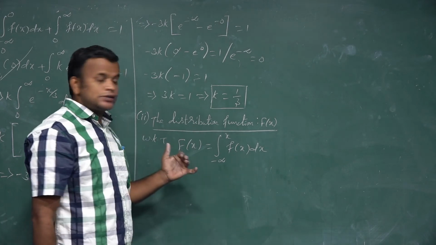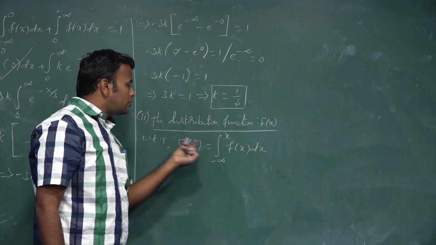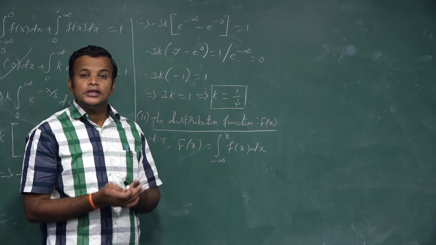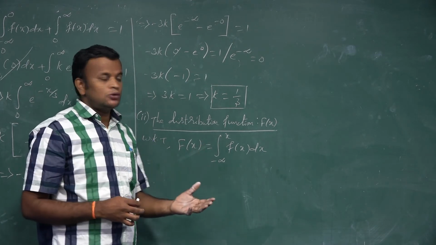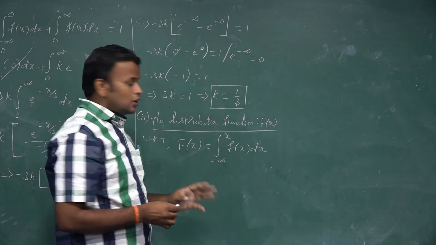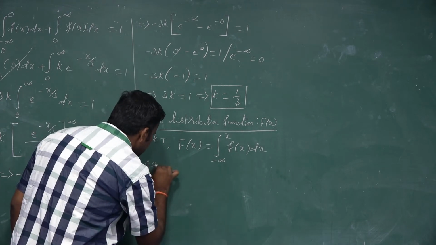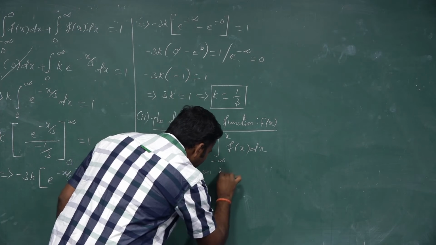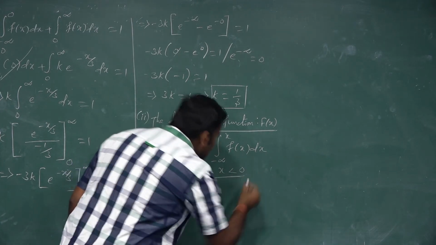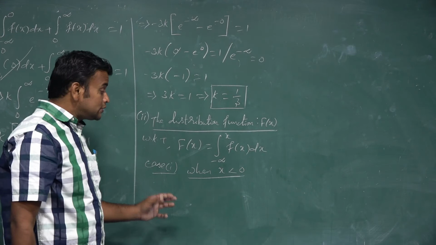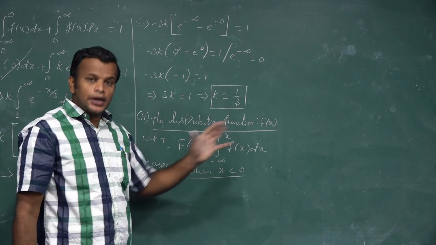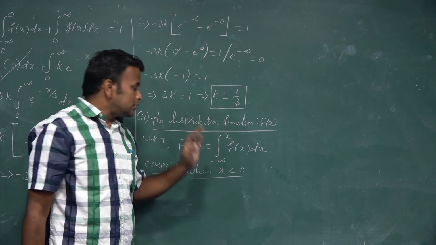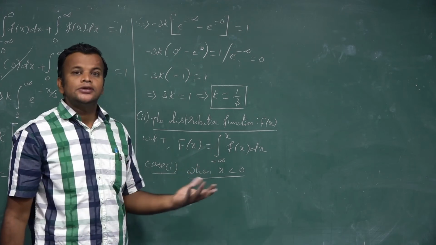Here also there are some cases. Small f of x is defined with two values: when x is less than 0 and when x is greater than 0. So the first case is when x is less than 0, that is a negative value. When x is a negative value, f of x is defined as 0.